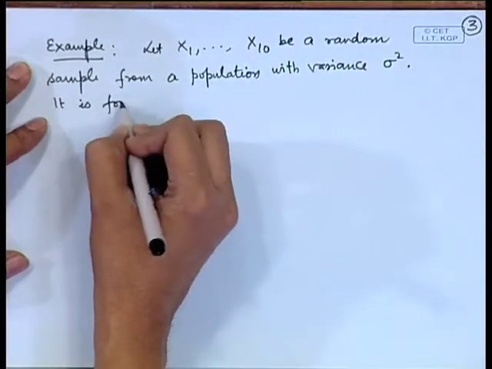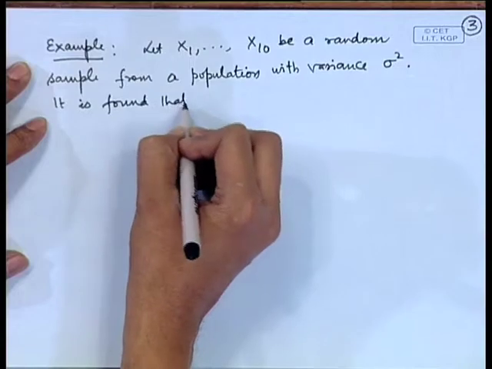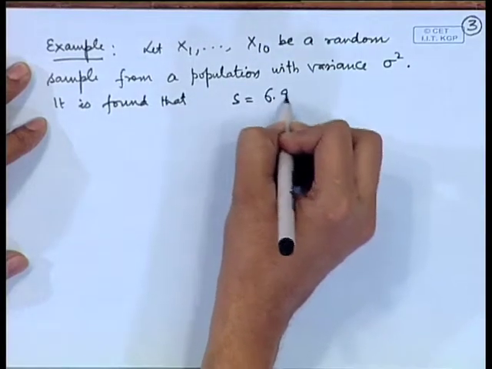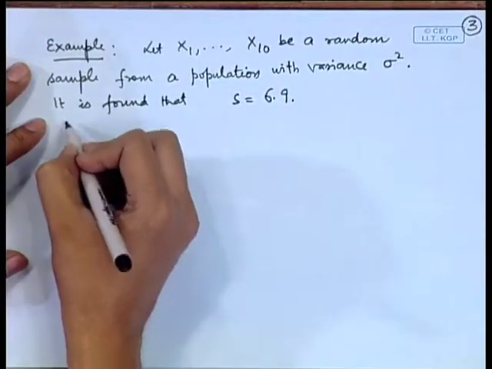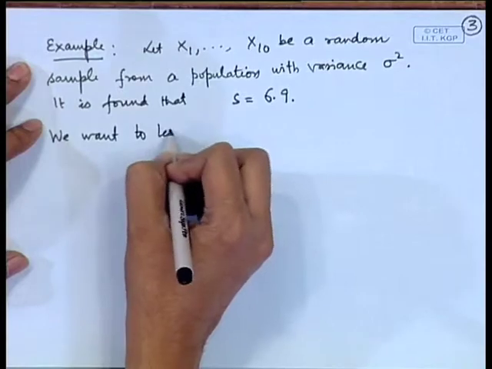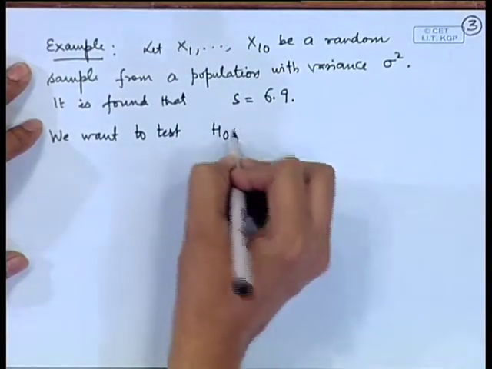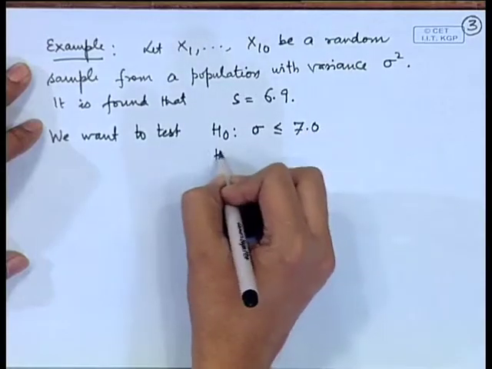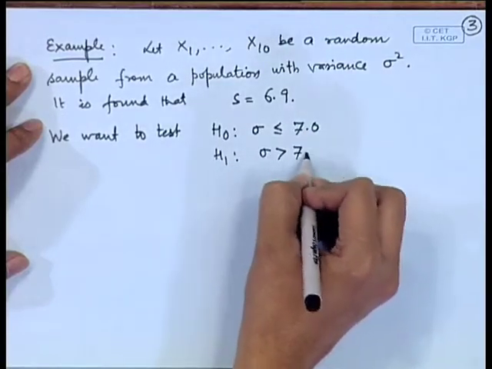It is found that S is equal to 6.9 say. Now, we want to test say H naught whether sigma square is less than or equal to 7 against H 1 sigma square is greater than 7.